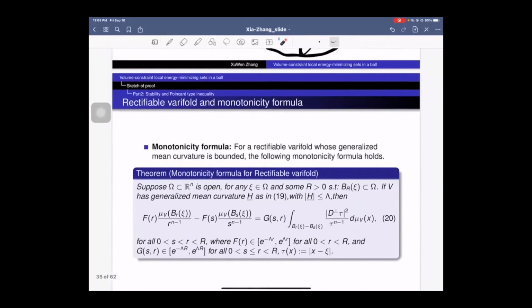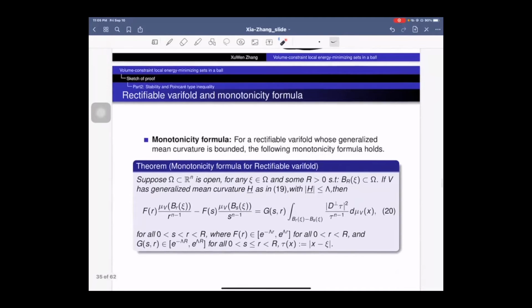And for a rectifiable varifold with a generalized mean curvature bounded by some constant lambda, we have the following monotonicity formula, which holds for any ball B_R(xi), where xi is any point inside omega, and B_R(xi) lies in the interior of omega.